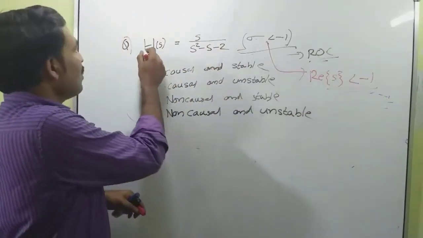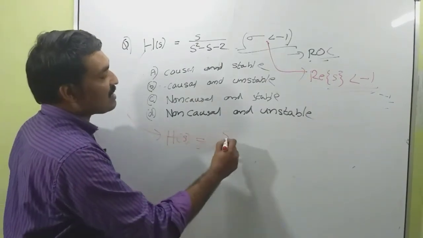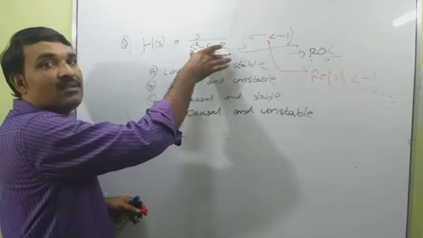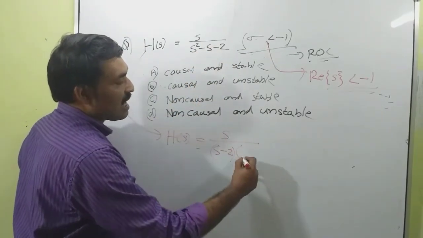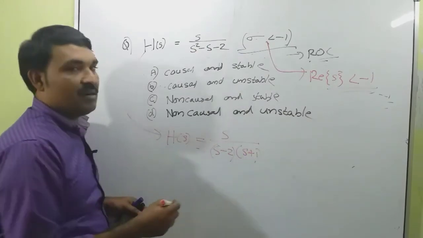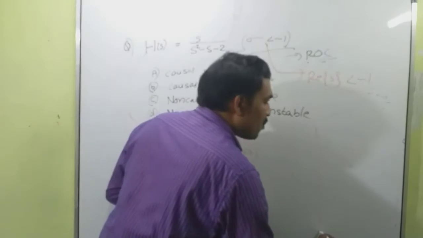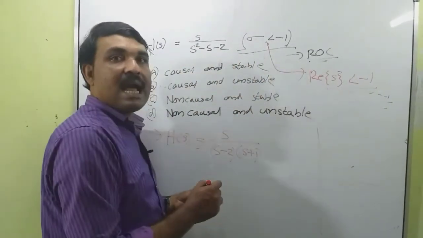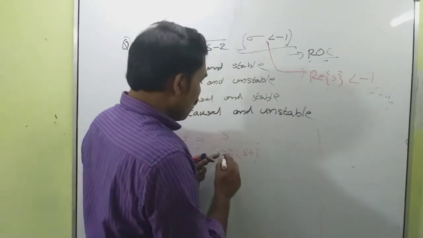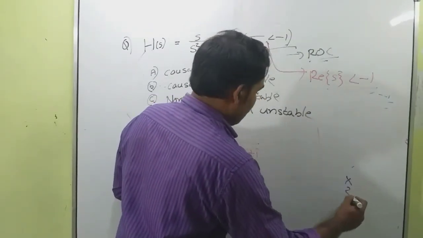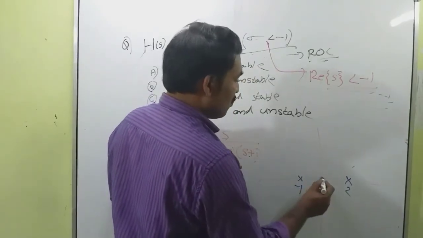Now I am going to write H(s) is equal to s divided by, factorizing the denominator, (s minus 2) into (s plus 1). Now I can mark the poles and zeros in the s plane. So we have a pole at s is equal to 2, a pole at s is equal to minus 1, and a zero at the origin.